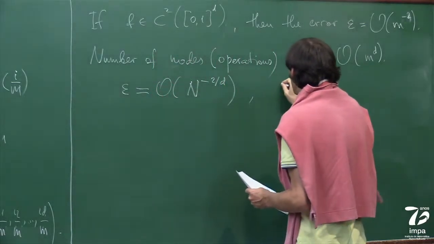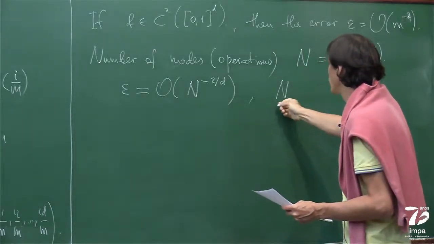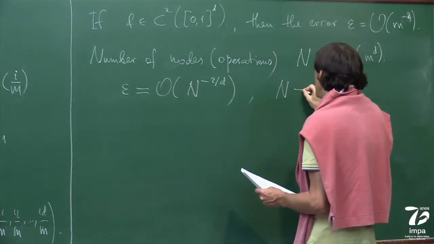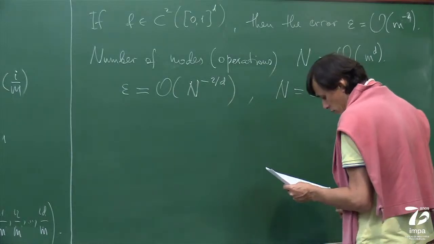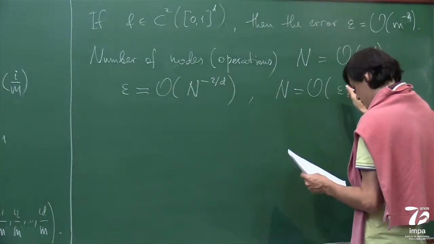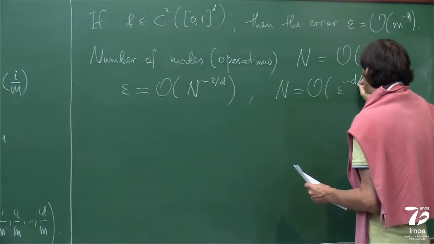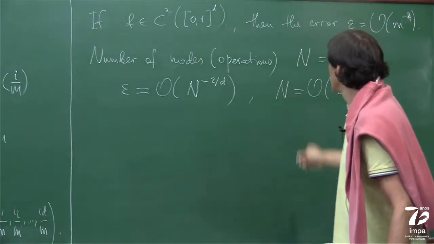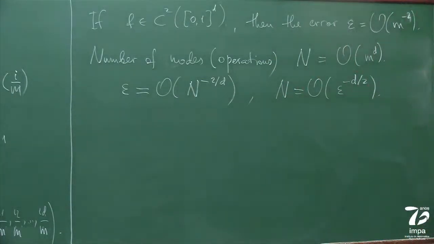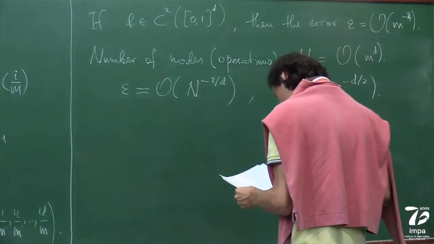Or you can do vice versa: how many operations you need in order to achieve a certain error, and then it will be epsilon to the power minus d over 2. Assuming that nothing is degenerate, we deduce these two relations, and one is the inverse of the other.